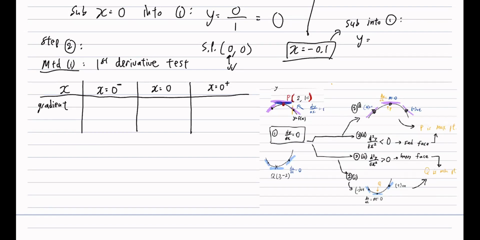Y equals what? 2 times negative 0.1 squared, divided by. Remember to bracket before you square.